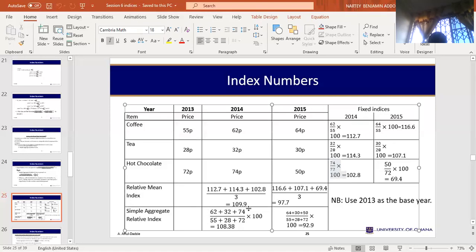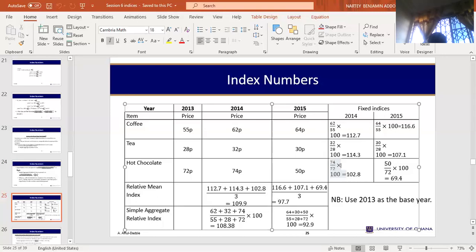So that is the formula I gave: 62 plus 32 plus 74, all over 55 plus 28 plus 72. So this is the base and this is the current year. And again, if you come to 2015, this is the current year and this is the base. So that will also be the summation of all this over 55 plus 28 plus 72.